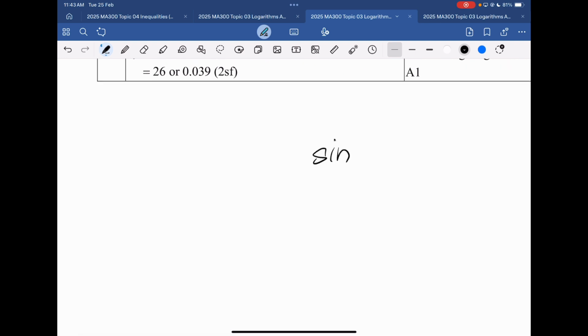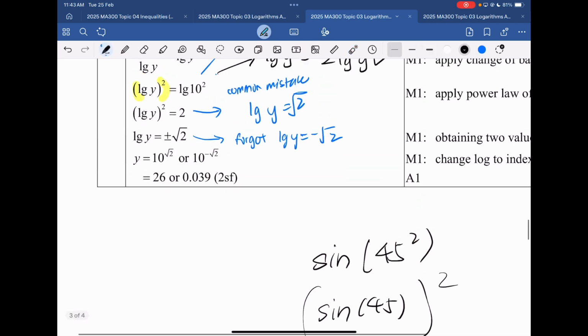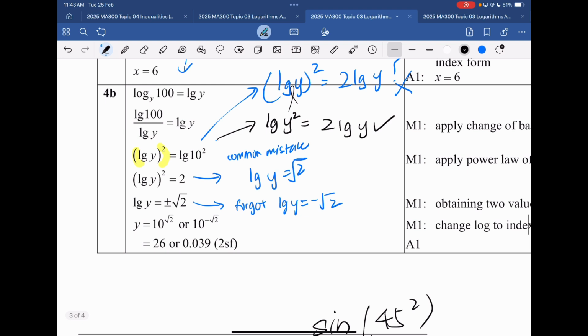Sine of 45 square versus sine 45, the entire function squared. Is there a difference? Yes, the second one is sine 45 times sine 45. This is sine of 45 square. No, this is log y times log y.